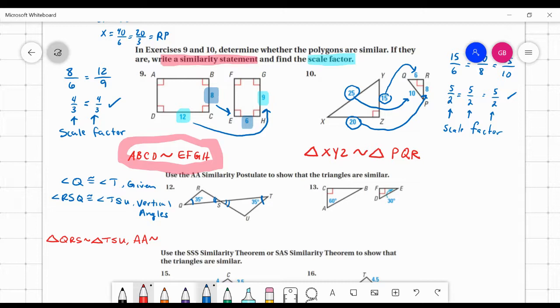For number 13, let's see, C and F are both right angles. So angle C is congruent to angle F because they are right angles. Okay. And if they're right angles, they have to be congruent. Okay.